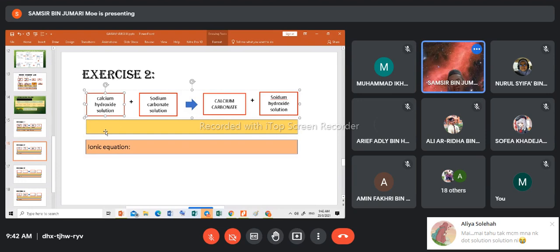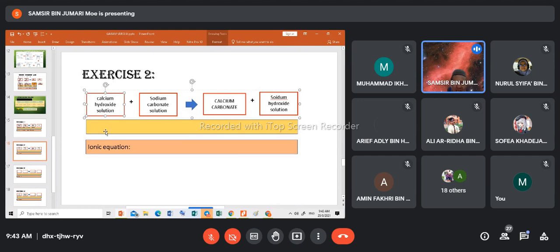Because alkali, okay, in the aqueous solution or acid aqueous solution, when it meets with the partner, maybe the metal oxide or any reactant that can react with alkali and acid, it will produce another products, okay. Jadi yang kita nak dekat sini cuma hasil ni sahajalah, hasil-hasil yang kat sini saja.